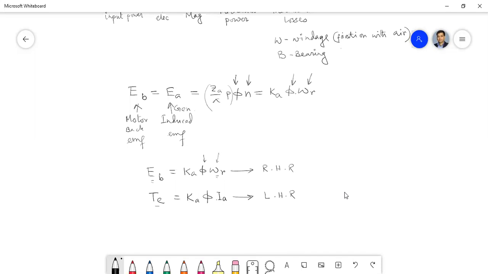Here also, if we provide the flux and the armature current, then you will get the torque generated, and due to that torque there will be some mechanical movement. That is given by the left hand rule.